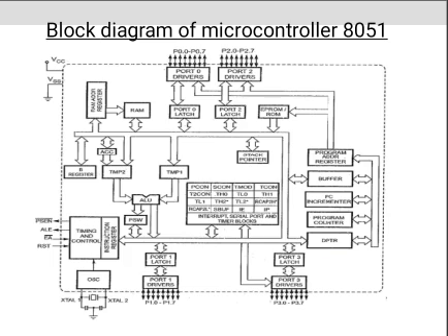The timing and control unit generates the 4 control signals, that means PSEN, ALE, EA, and RST, reset. These pins are provided by the timing and control unit.